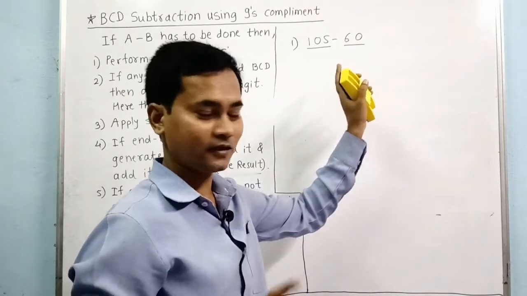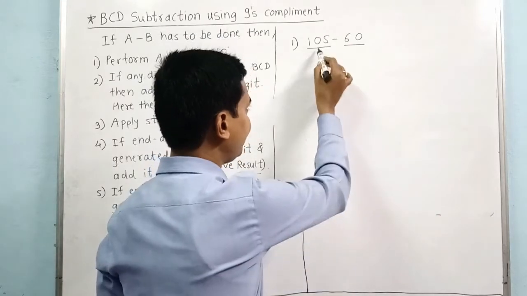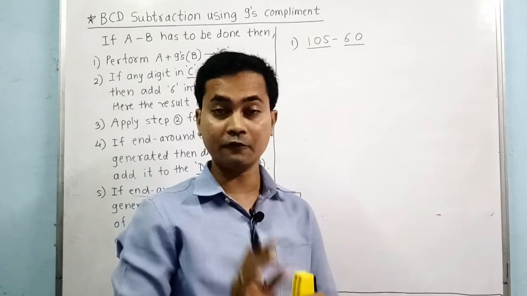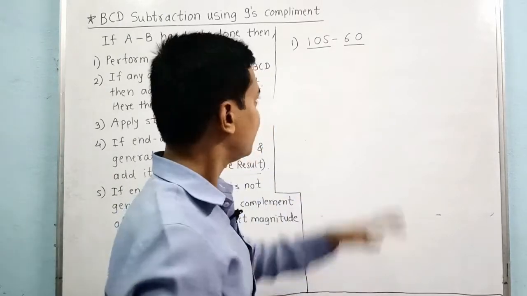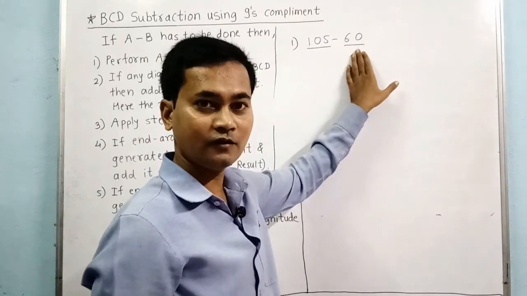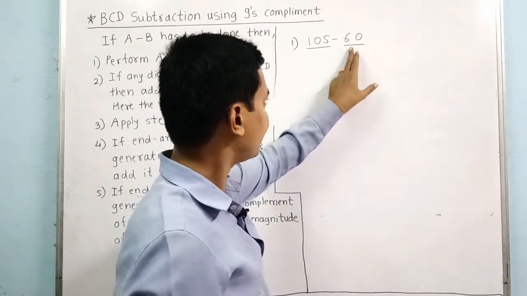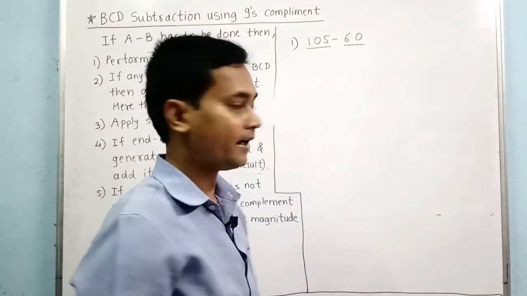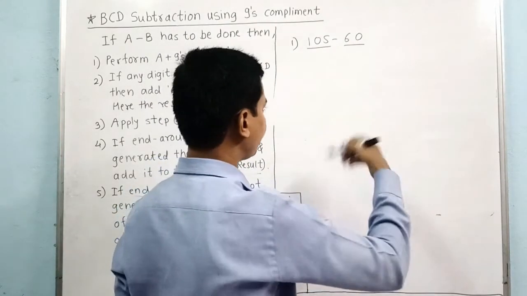No. Why? Because the subtrahend and the minuend number of digits should be equal. If the minuend is 3 digit and subtrahend is 2 digit, then also we have to consider this subtrahend as 3 digit, and according to that we will perform the subtraction.